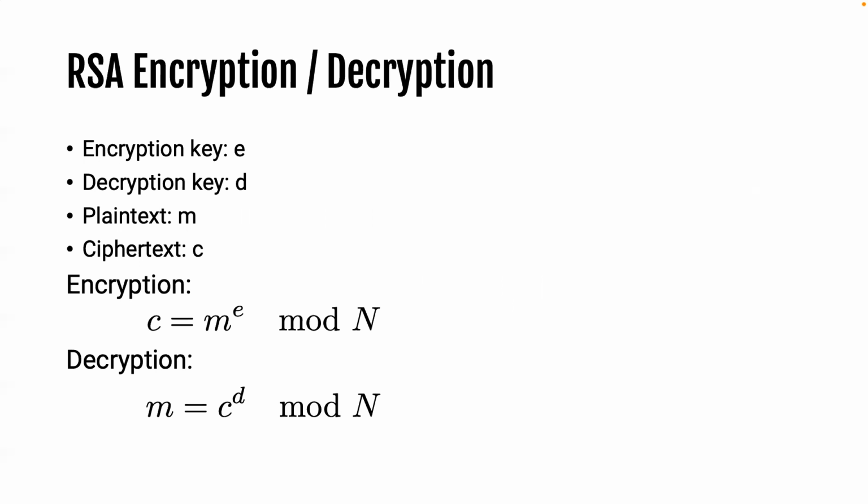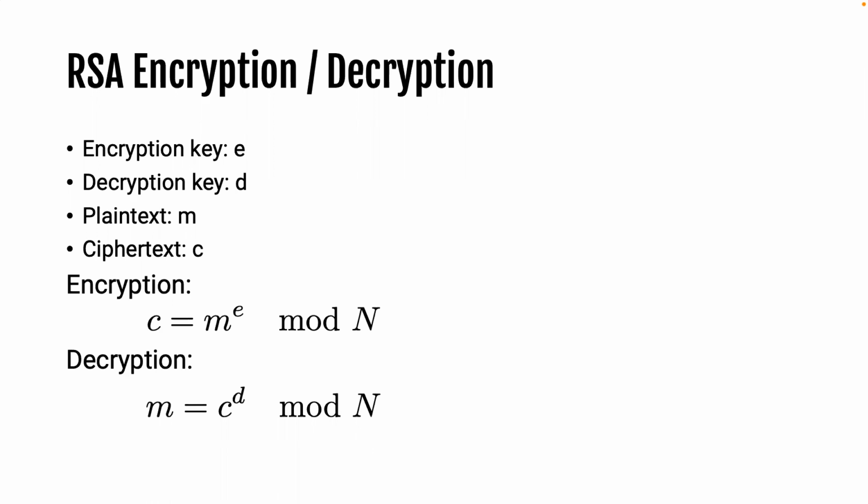Remember that in the asymmetric crypto system notation, the encryption key is the public key, and the decryption key is the private key. But here, when we talk about the math, we're just going to use E and D to denote the encryption key and the decryption key. And we have plaintext and ciphertext. We're going to use the letter M for plaintext, and C for ciphertext.